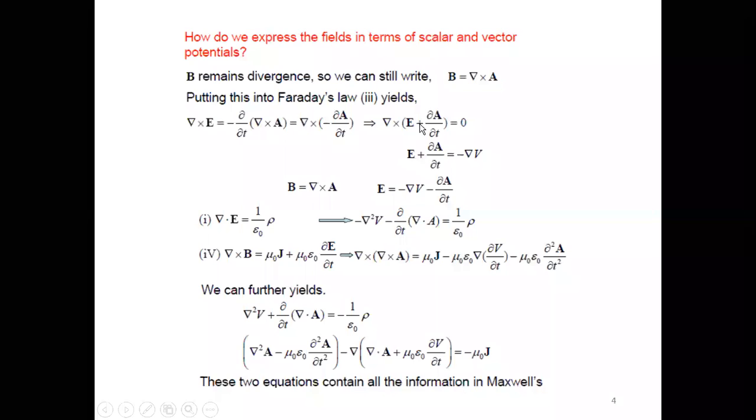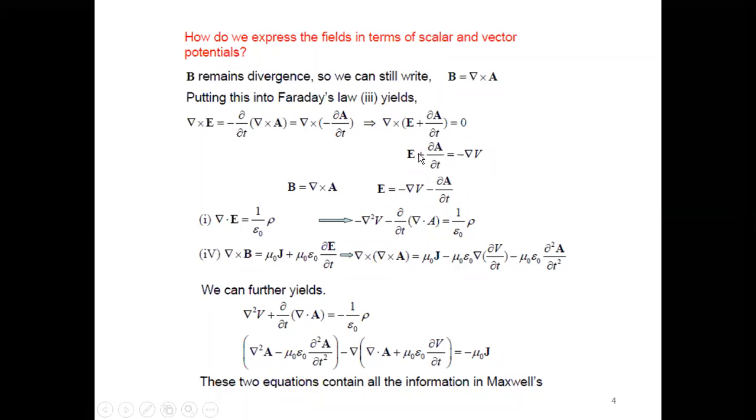So we write E plus dou A over dou t equals minus grad V. In this way you get E equals minus grad V minus dou A over dou t. So this relation gives the relationship between the vector potential A and the magnetic field, and this gives the relationship between the electric field and the scalar potential V and vector potential A.